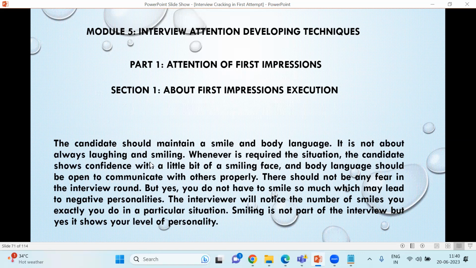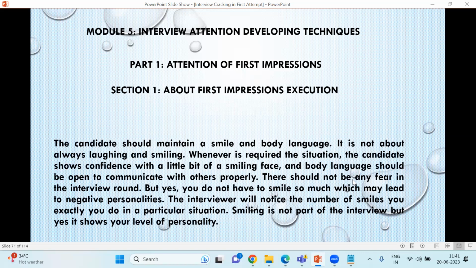It is not about always laughing and smiling. Whenever the situation requires, the candidate shows confidence with a little bit of a smiling face, and body language should be open to communicate with others properly.